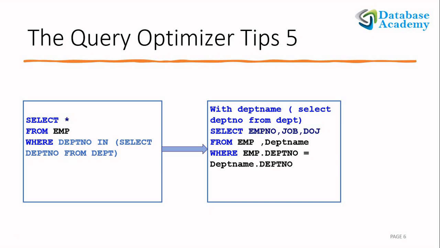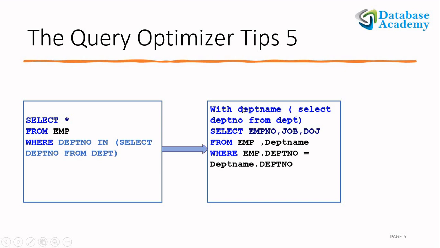So we can use the WITH clause, or CTE, common table expression, to improve the performance of the select statement. Inside the WITH clause we can write a select statement, select department number from the department table. The output from this select statement will be kept in memory.